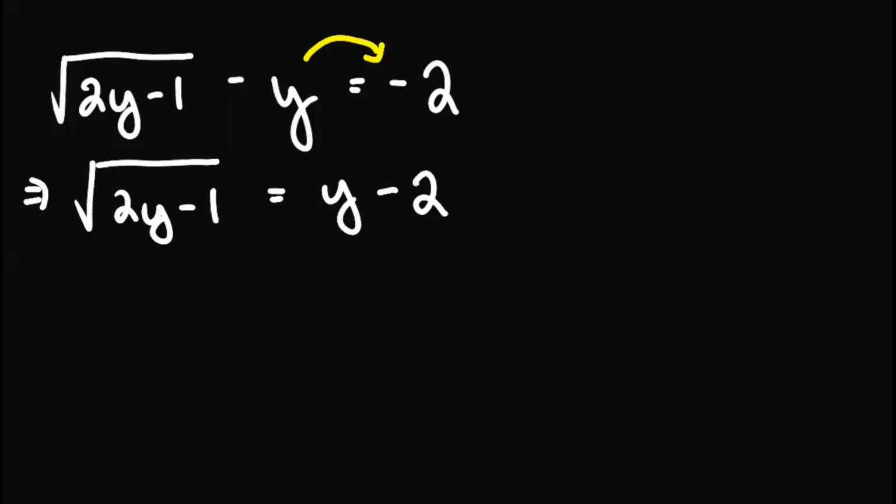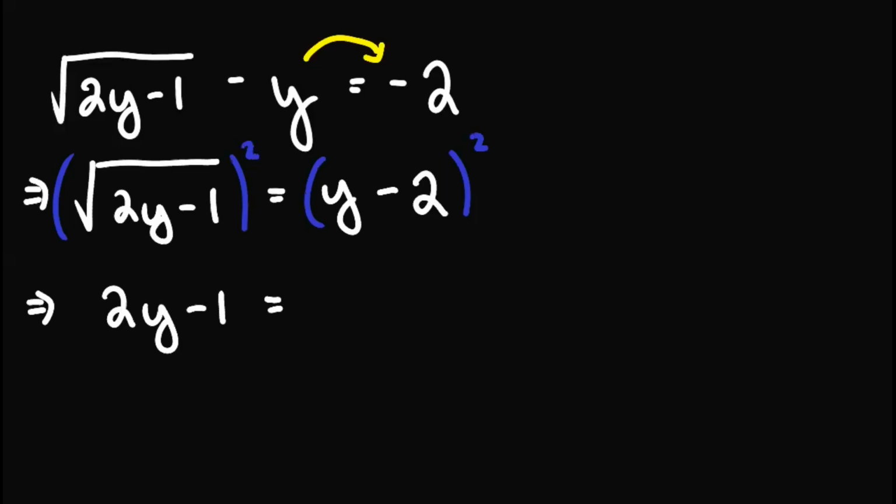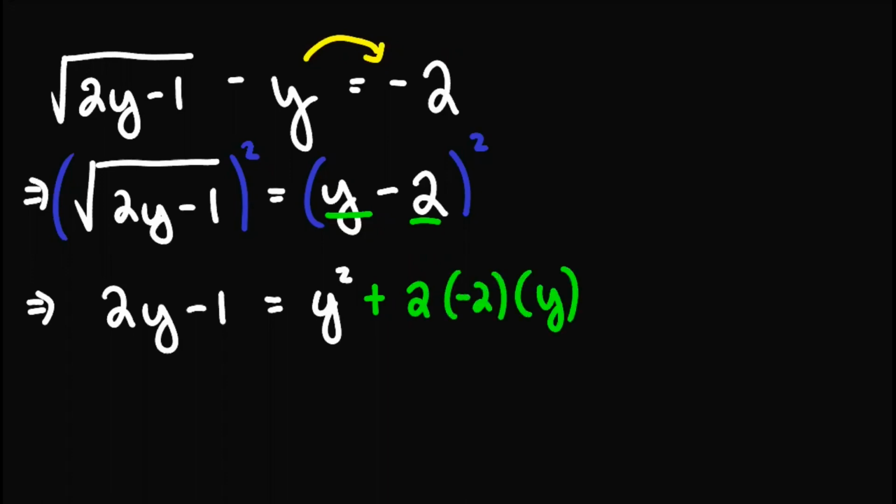Then now we can square both sides, and we'll obtain 2y minus 1 on the left side, and on the right side we have the square of a binomial. By squaring this binomial, we'll have the square of the first term, then 2 times the 2 terms, so that will be plus 2 times -2 times y.